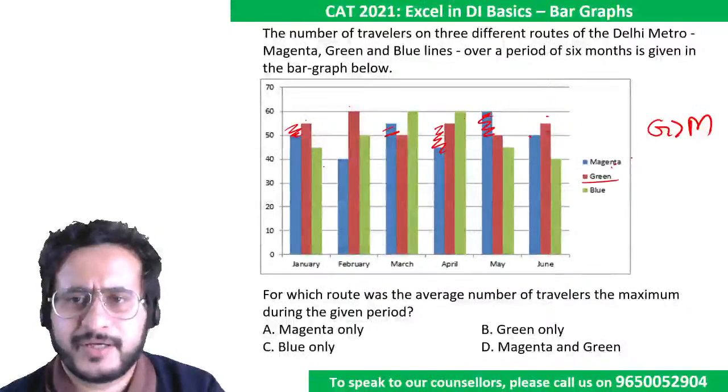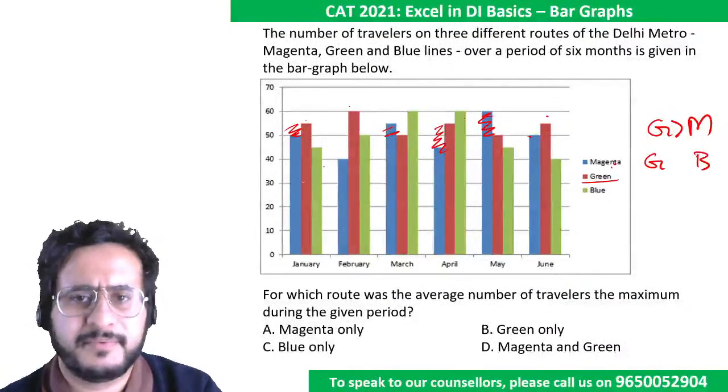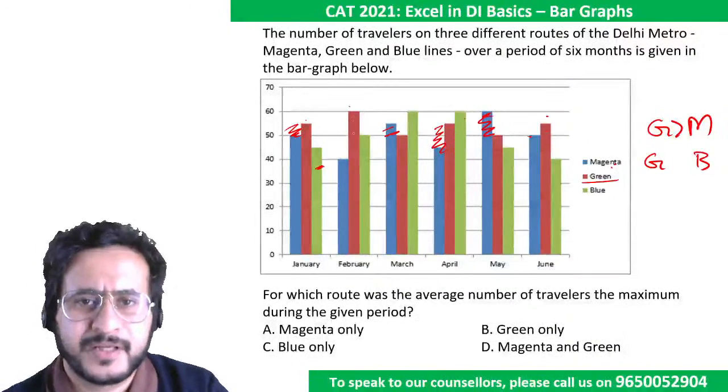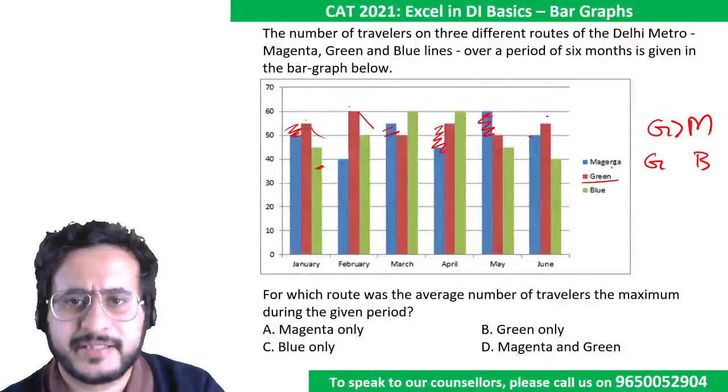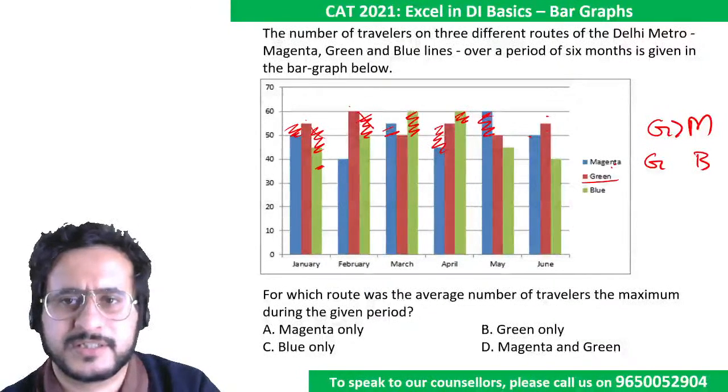Okay. Now let us compare green with blue. Green is higher here. It is higher here. Okay. So let us say these two values are offset. And let's say again these two values are offset. No, this won't be offset because this is just 5 and this is much more than that.